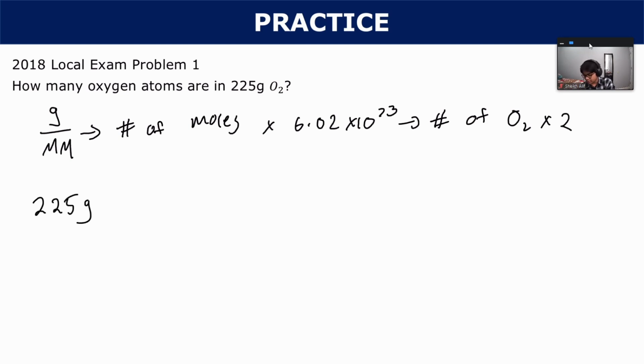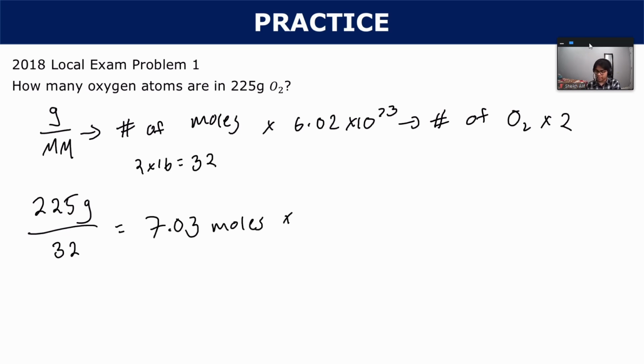So we have 225 grams, and the molar mass is going to be 2 times 16, which is 32. That's about 7.03 moles of O2. If we multiply by Avogadro's number, we get 4.23 times 10 to the 24th molecules of O2.